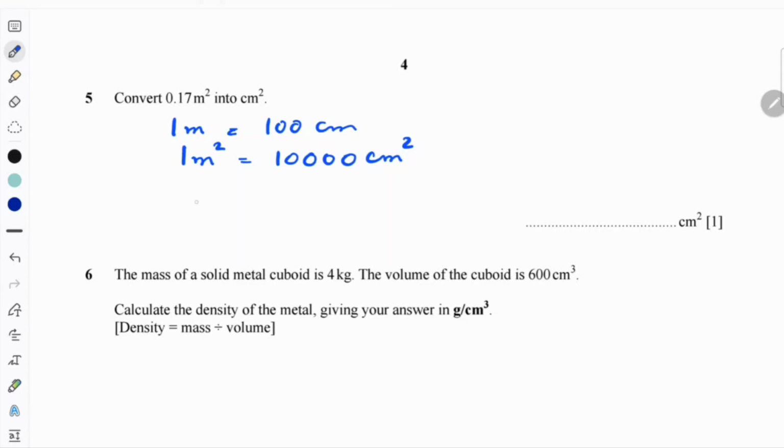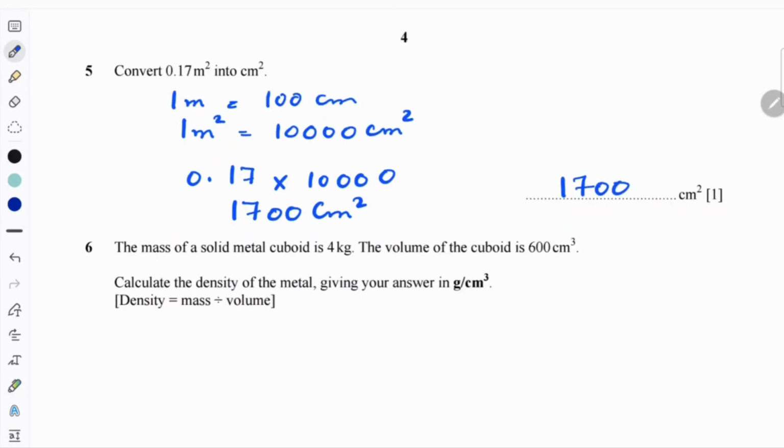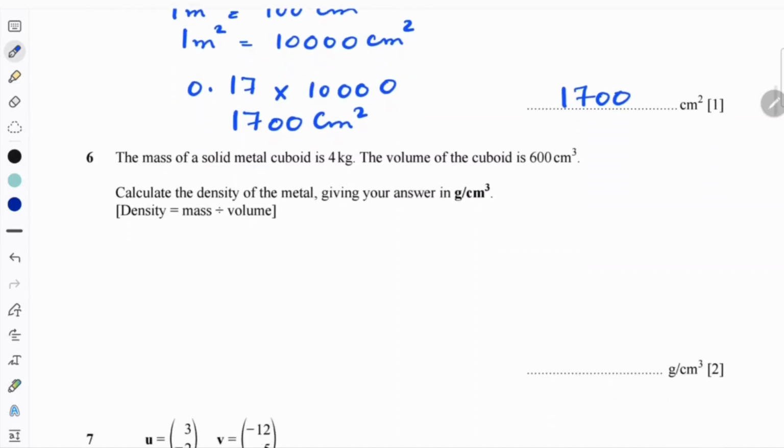In this question 0.17 is multiplied by 10,000, which gives 1700 square centimeters.